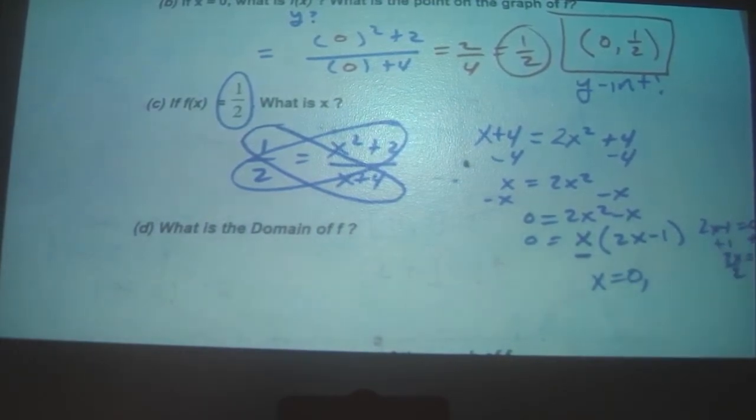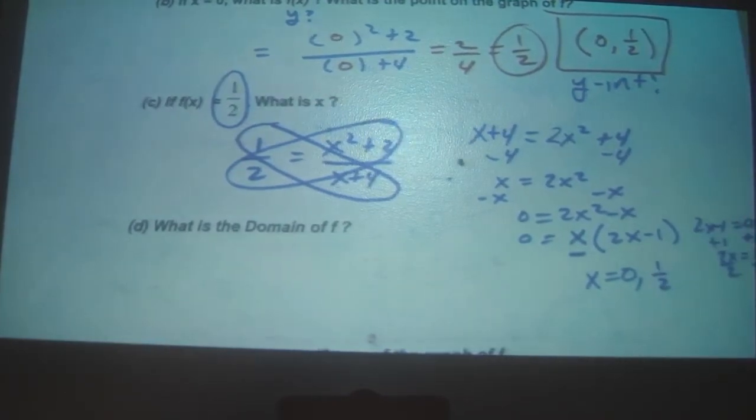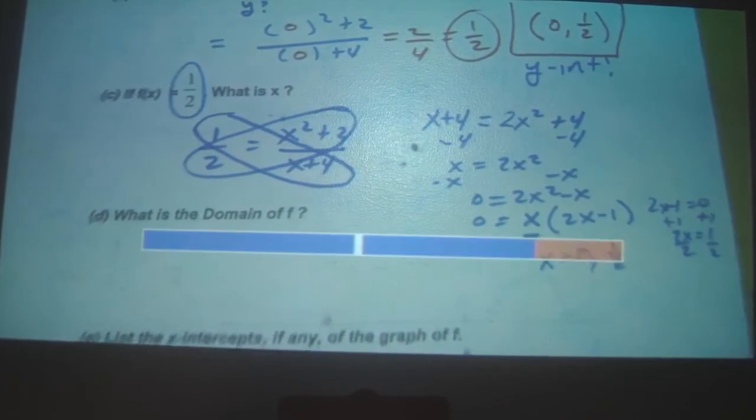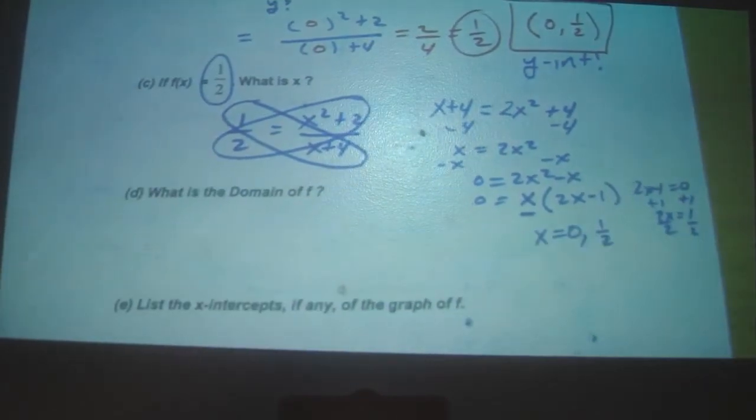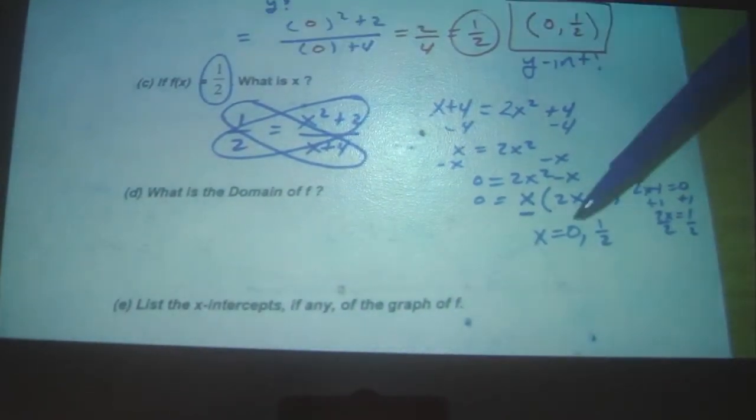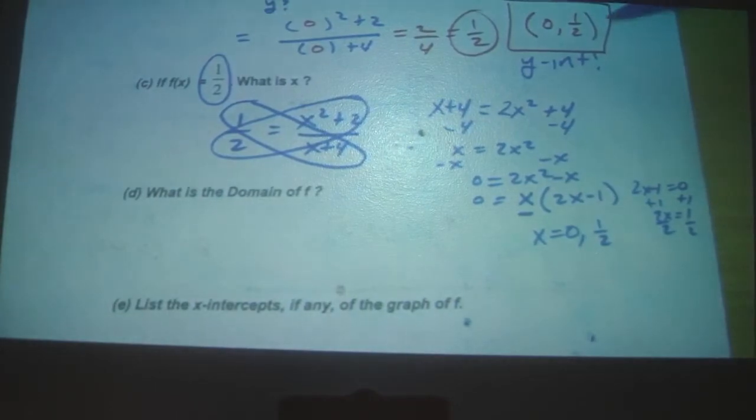Divide by 2. And we get 1/2. So we get two answers. When y is 1/2, we got 0, which we had up here already. But then also there's another x value that has the same y. These two x's have the same birthday. That's okay. That's normal.